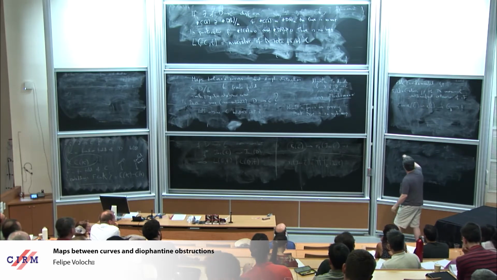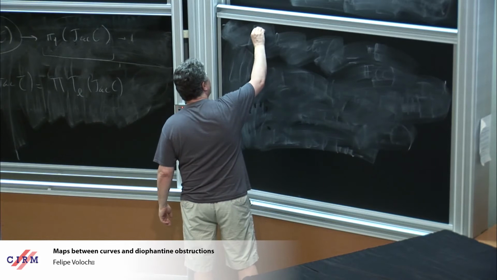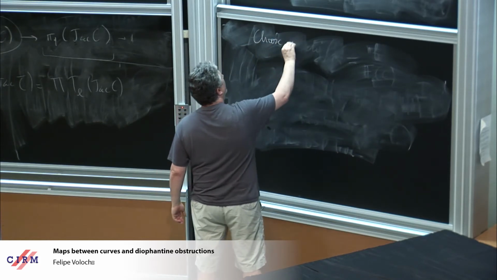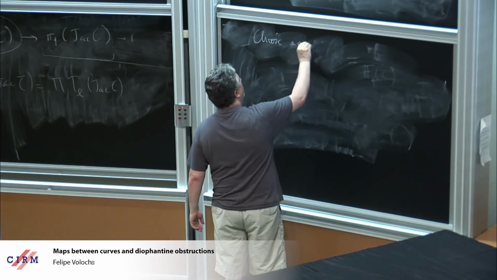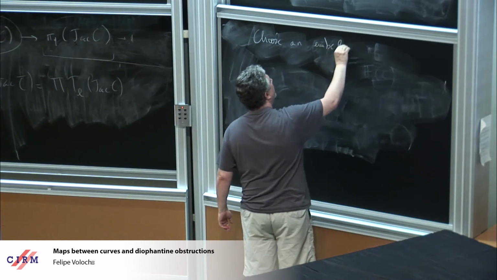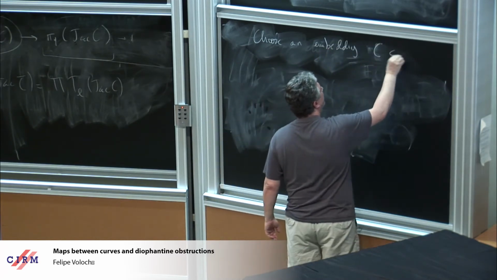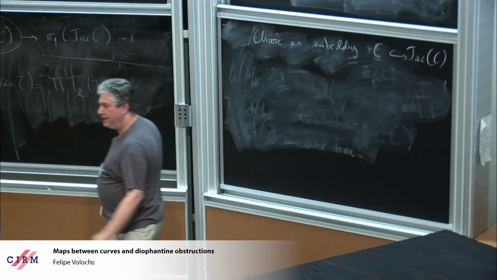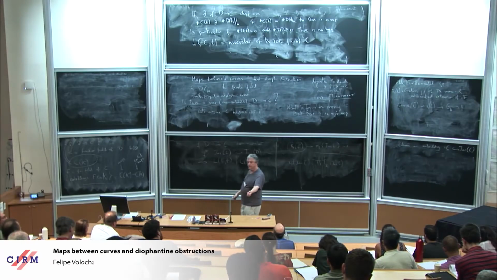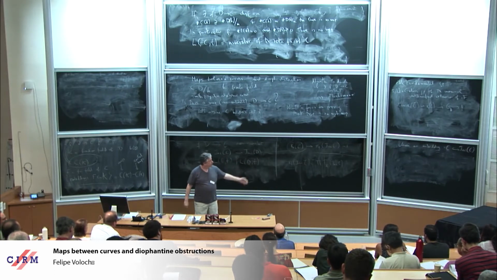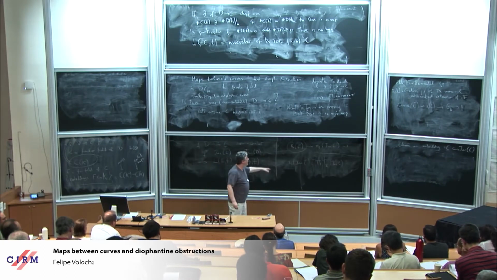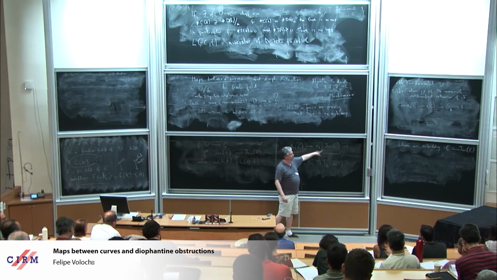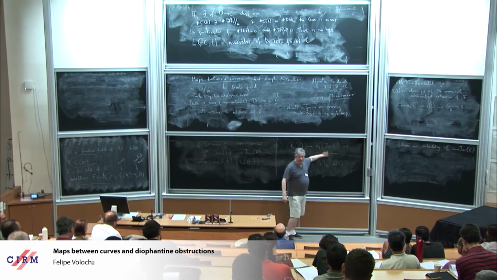So let's choose a map, an embedding of C into the Jacobian of C. So what do we need for that? We need a divisor of degree 1. Okay? So you have to make a choice, and once you make a choice, then by functoriality you get this map.